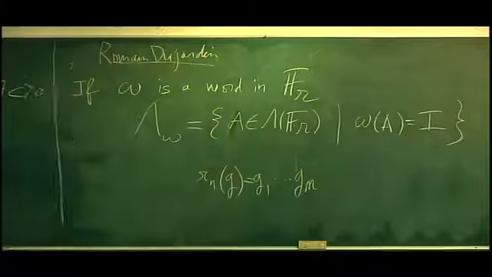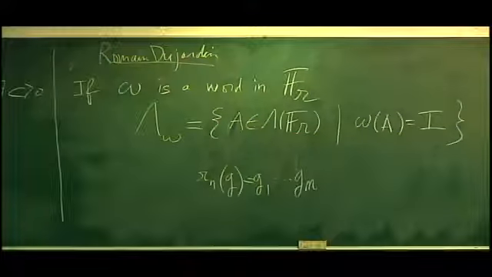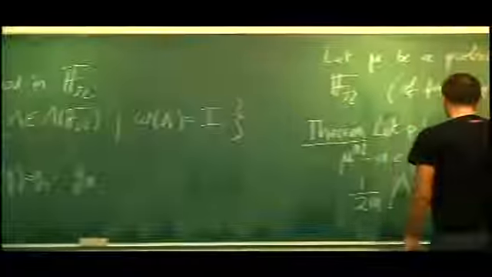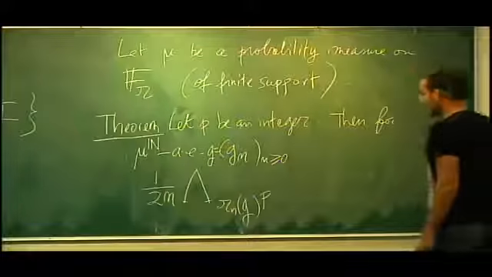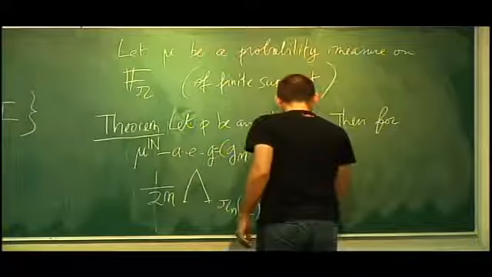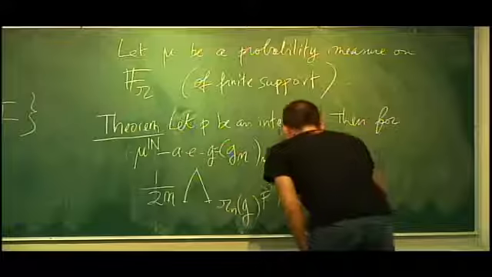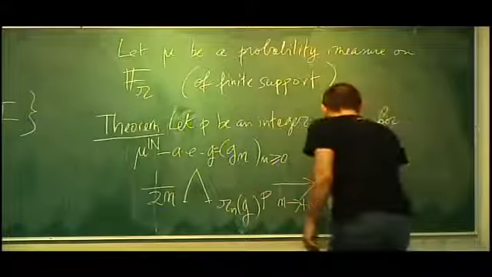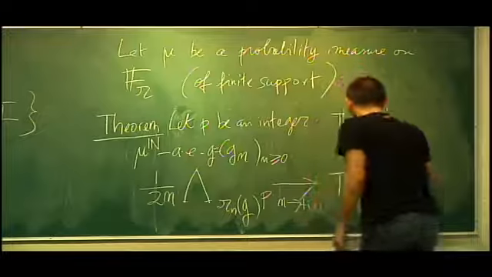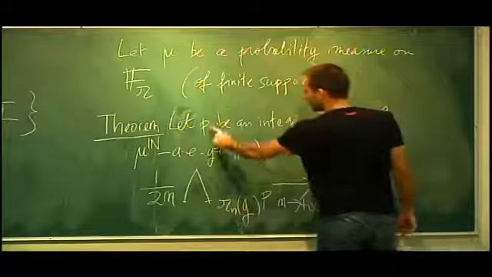This is the right product. So you take this word, you take that word to the power p, and this is going to equidistribute in the sense of currents towards a current which depends on mu but does not depend on p.